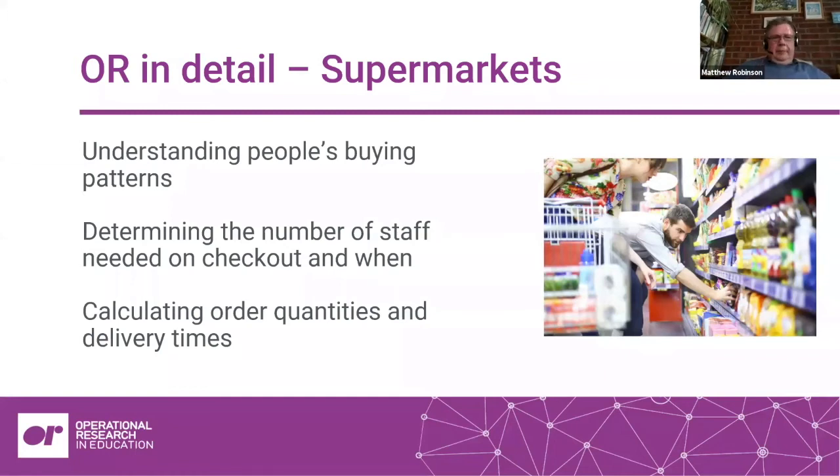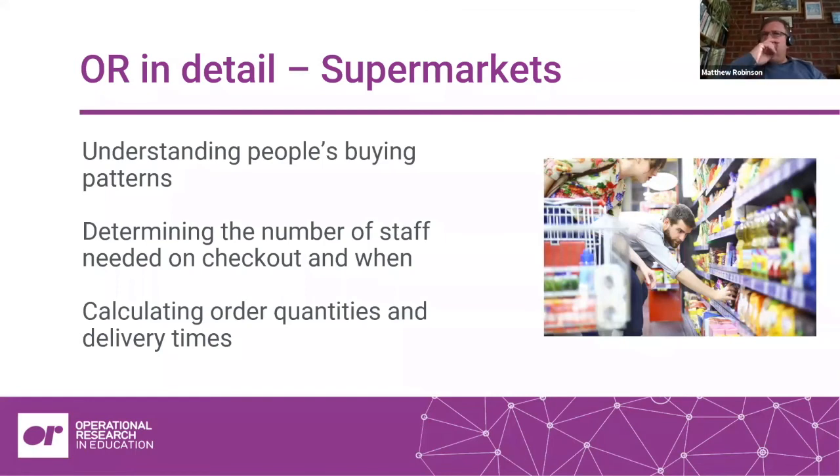Other examples of where operational research might be used within a supermarket could be how many checkout staff are needed, or how many staff are needed generally. They know that Friday evenings and weekends are particularly busy, so they need more staff and more checkouts.